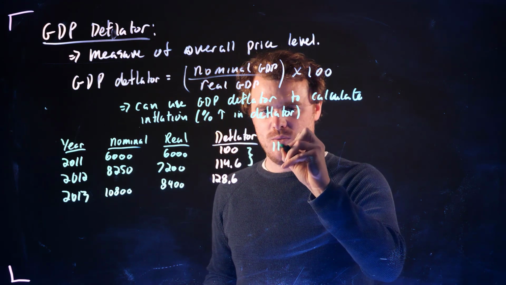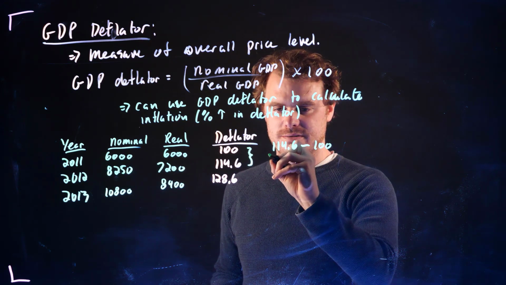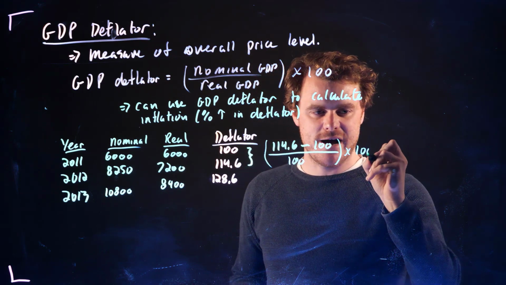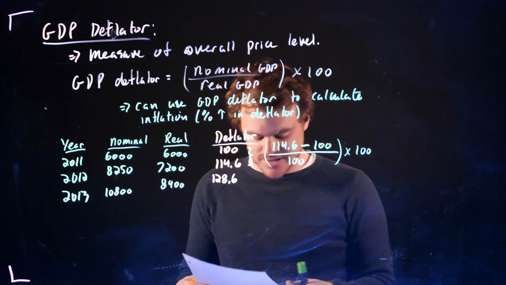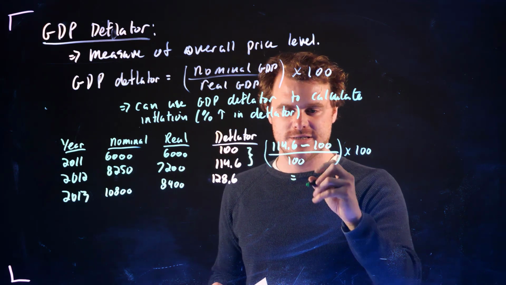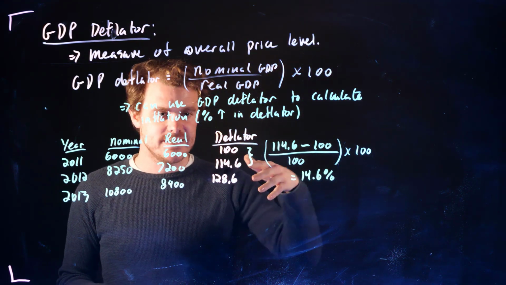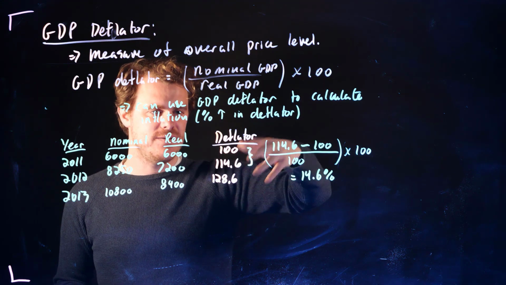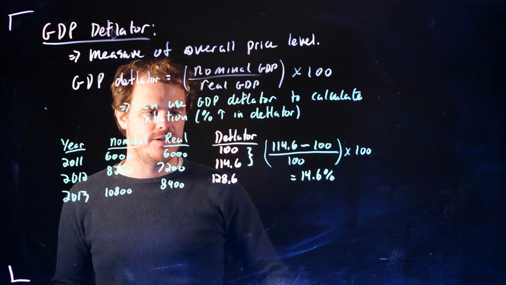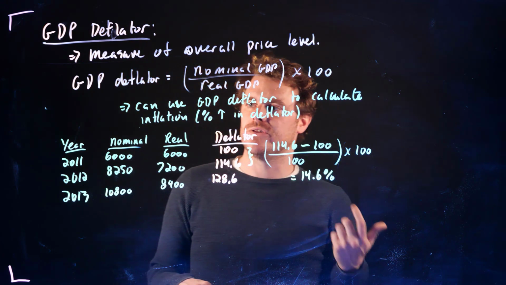That would be 114.6 minus 100, just a percentage change formula, over 100. Multiply it by 100 if we want to get a nice percentage, and we'd get 14.6. Those cancel out, so 14.6%. So using this method of calculating inflation, the inflation rate was 14.6% between 2011 and 2012. So that's just using a deflator instead of the CPI like we learned about last week.